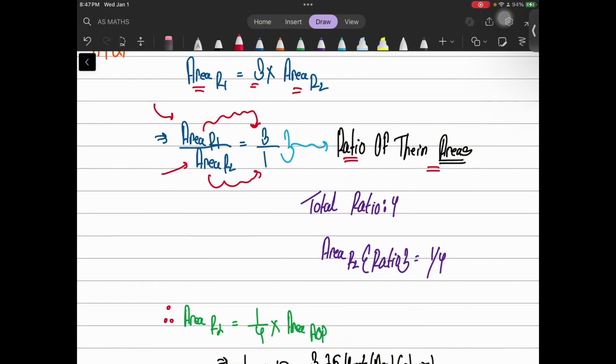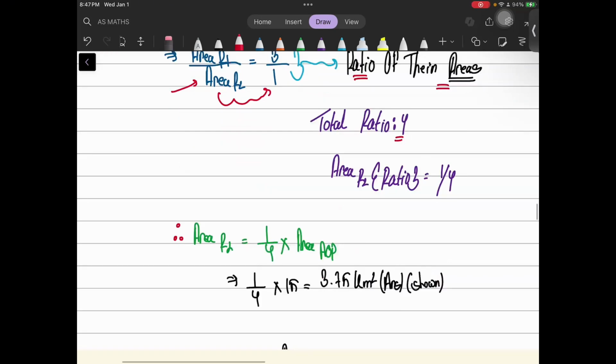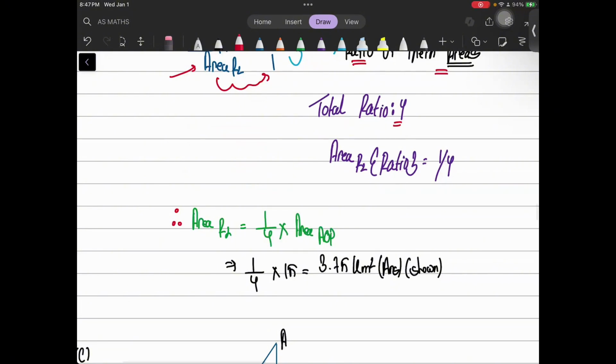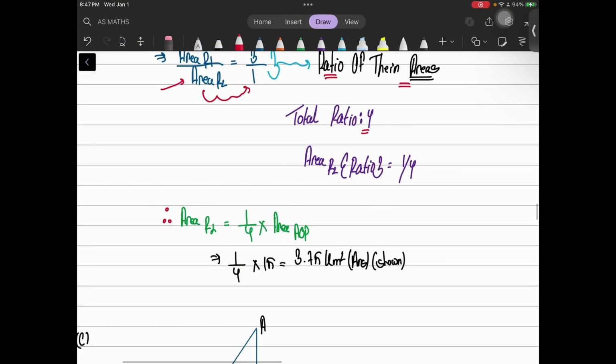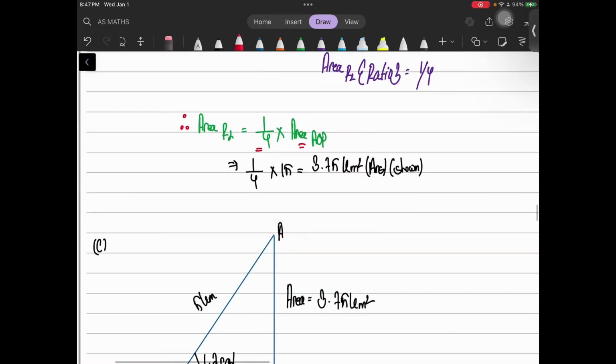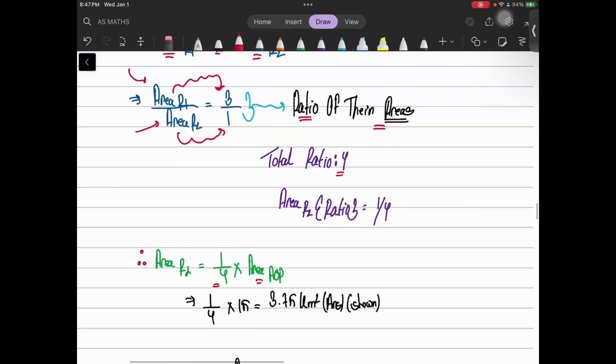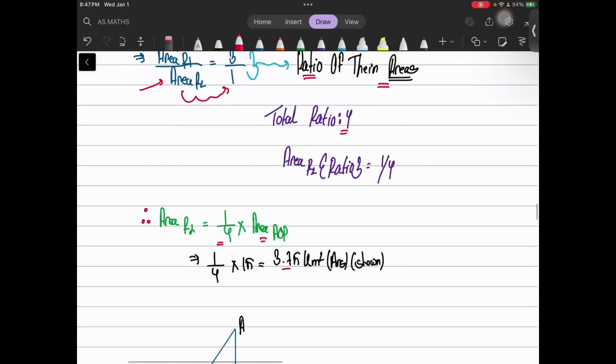So total ratio is going to be 3 plus 1, 4, and the proportion represented by area 2 is 1. So area 2 is going to be equal to 1 by 4 times the entire area, which is 3.75 kilometers square, as shown in the question, right?